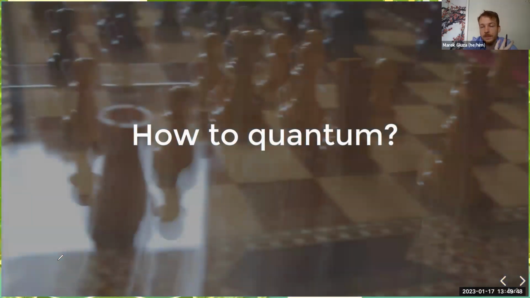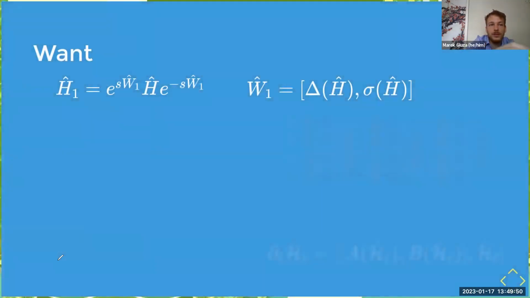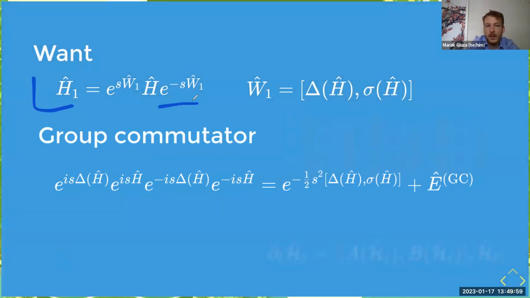Okay, so how do we do it? We want to evolve this input Hamiltonian under some approximation of the bracket here. And for evolving, this is an evolution governed by a Hamiltonian. If I put an I here, that will be a Hamiltonian.